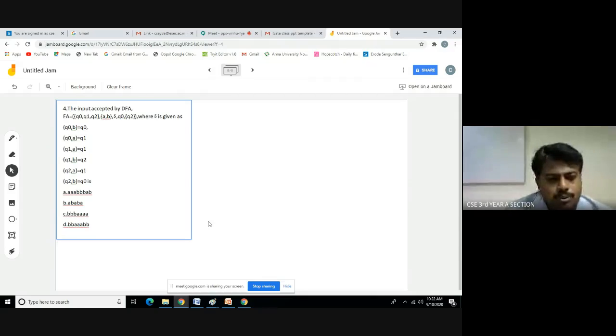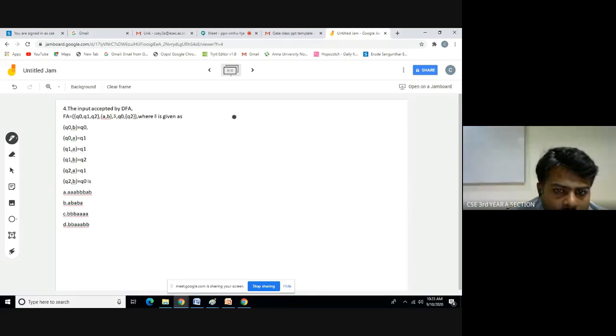Everyone should remember the DFA tuples. What are the tuples of a DFA?